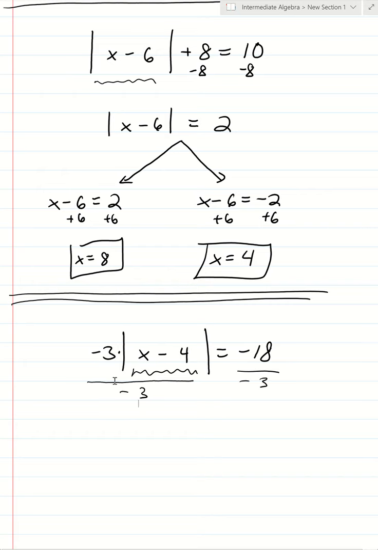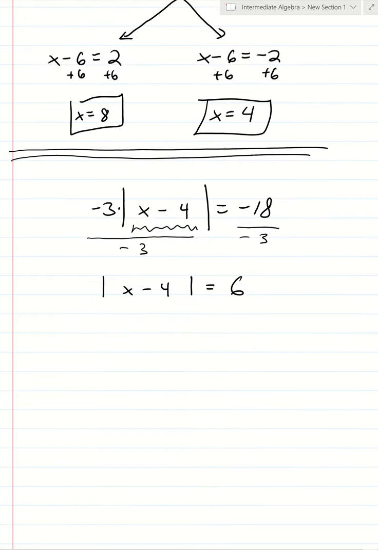On the left side, negative 3 divided by the negative 3 would give us just the absolute value of x minus 4. Equals, now the right side, negative 18 divided by negative 3 would be, of course, a positive 6. And now we have established our equation to read the absolute value on the left and the positive constant on the right.